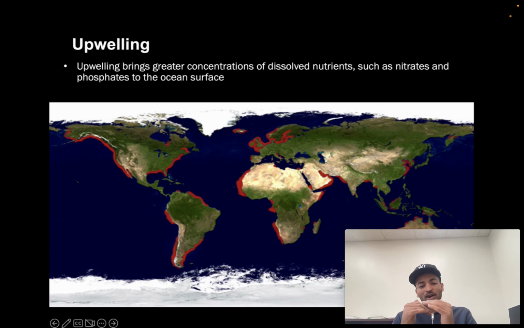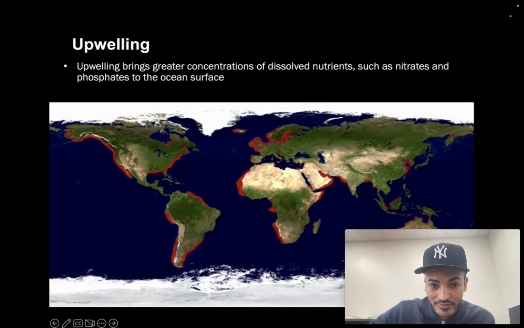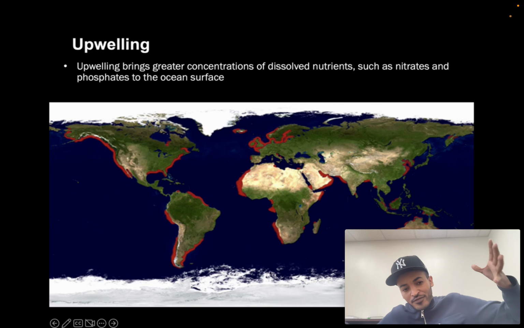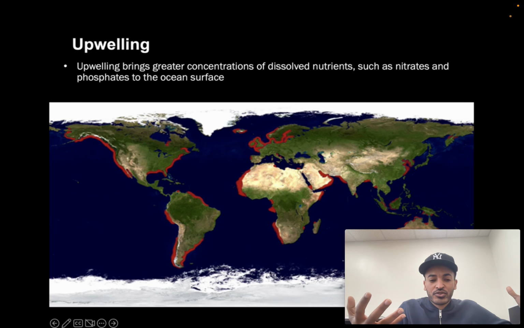And then for upwelling, the surface winds are important, but it doesn't mean that all the coasts have upwelling, right? The topography is important. So we're talking about surface winds bringing nutrient-rich deeper water to the surface.